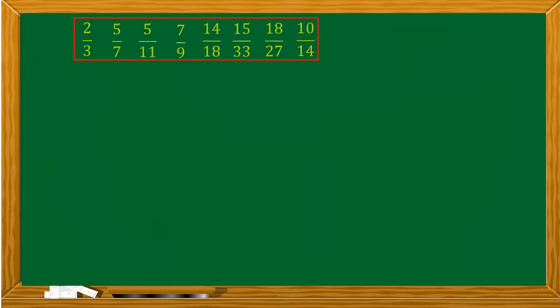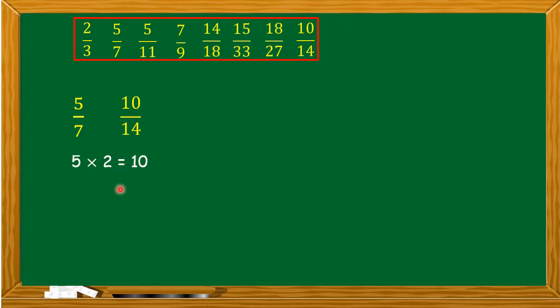Let us compare the other fractions. 5 upon 7 and 10 upon 14. Here 10 is the multiple of 5. 5 into 2 is equal to 10.